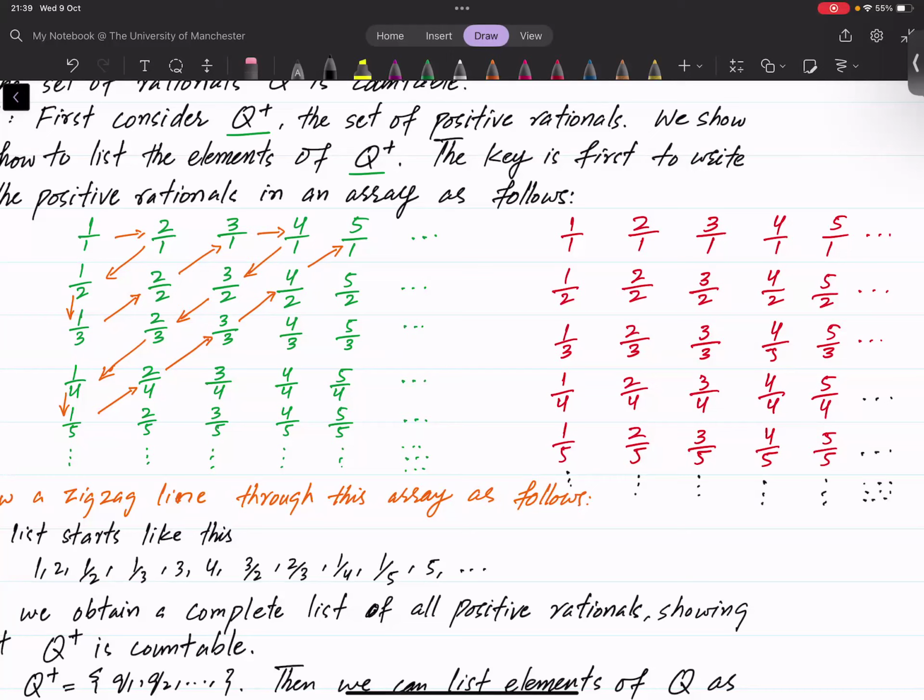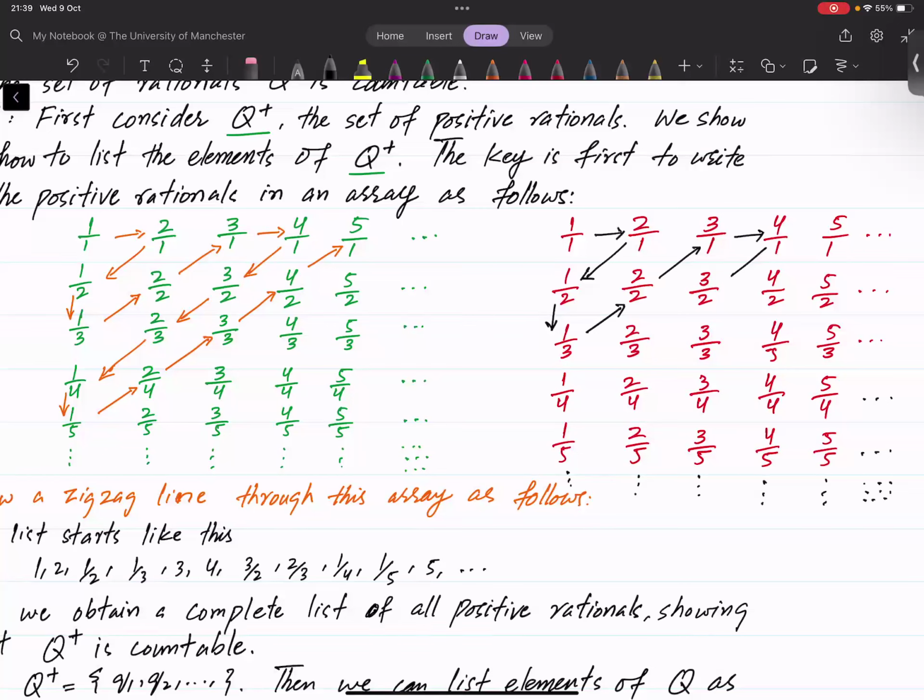Okay, perfect. Now we can start drawing these arrows from this to this, and then coming back to here. And then from here, 1 over 2 will go to 1 over 3. From 1 over 3, we can go to 2 over 2, then to 3 over 1, and from here to 4 over 1.